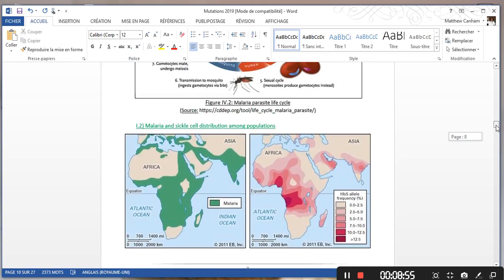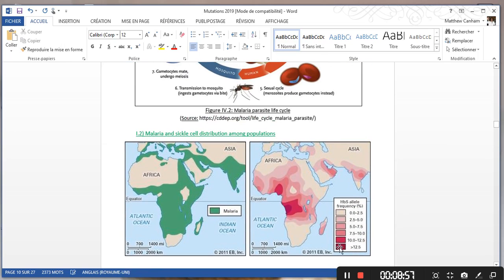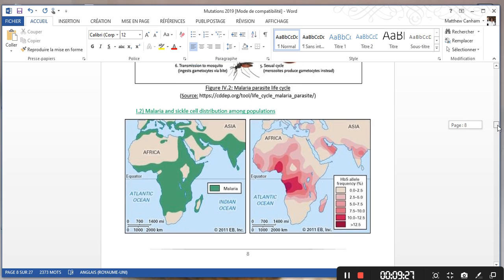So basically, the fact that the allele frequency is so high is explained by natural selection. People who have HBS and HBA, when there is malaria, they will survive more than people who have not sickle cell anemia.